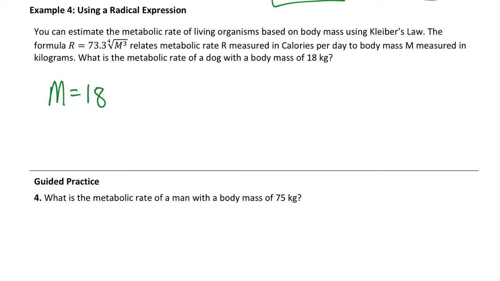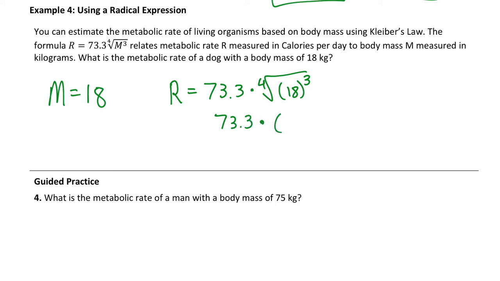So we just have to substitute m out, substitute in 18, and evaluate for r. So r equals 73.3 times the fourth root of m to the third. Now, we know m is 18, so I would do 18 to the third. Sorry, that's 2. 18 to the third. Now, to make this easier to punch into your calculator, I'm going to do 73.3 times, and I'm going to write this as 18 to a rational power.